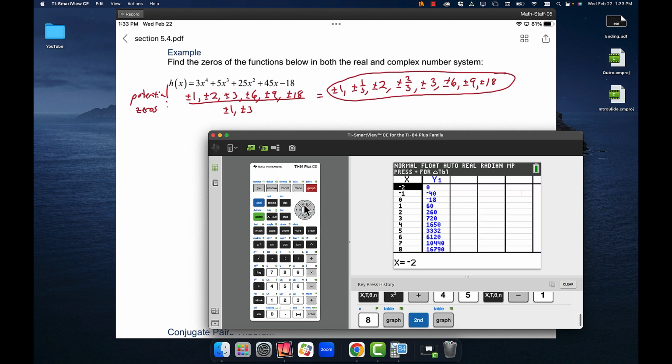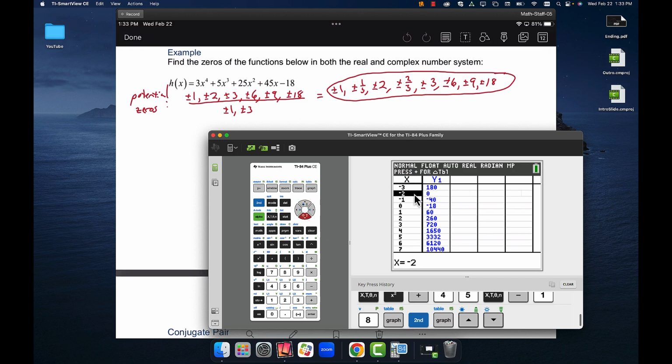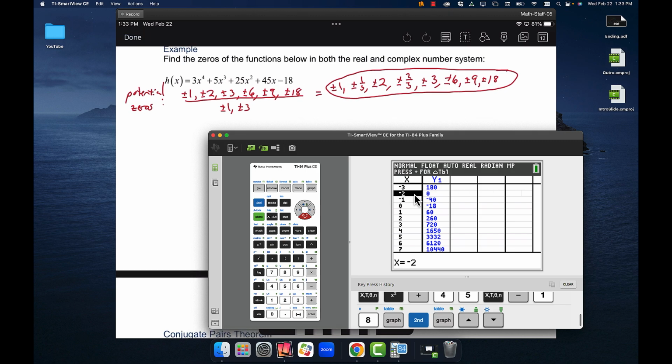Confirm that -2 works. -2 is good. So in the calculator, we know that -2 works. And then we need to find the other one. Notice my x values are incrementing by values of 1. They're not incrementing by 1/3 like some of my values up here are.